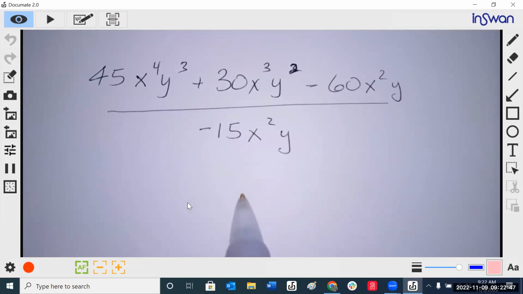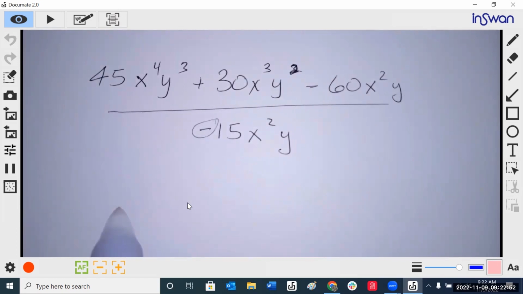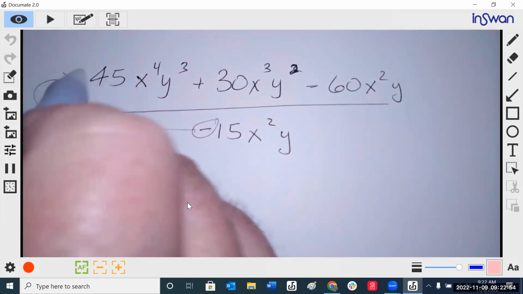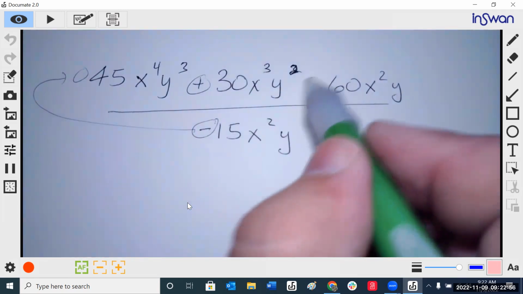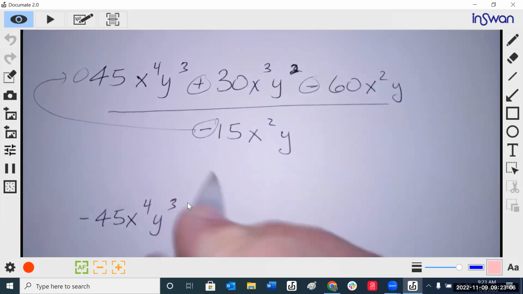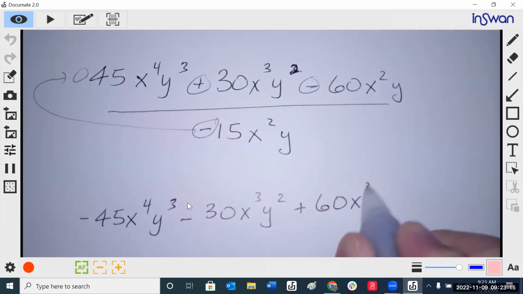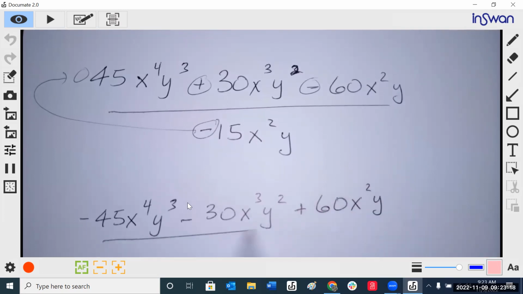Look at the leading coefficient of the denominator. It's a negative. So what do I do with that negative? Yeah, change all the signs up on top. That becomes a minus 30x cubed y squared. That becomes a plus. And the bottom now is positive.